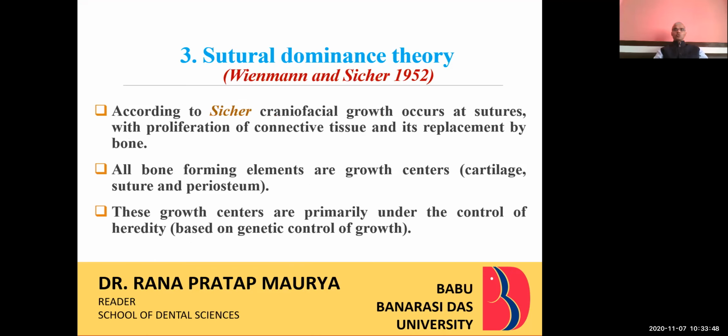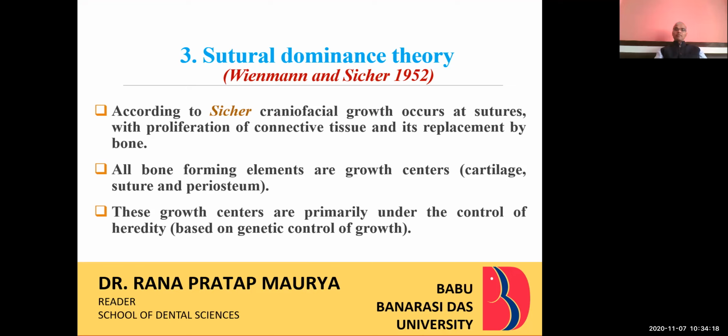The next theory, the sutural dominance theory, was given by Weinmann and Sicher in 1952. According to them, craniofacial growth occurs at sutures with proliferation of connective tissue, which is then replaced by bone. Means first connective tissue grows, then it is replaced by bone. So all bone forming elements are growth centers, like cartilage and sutures.